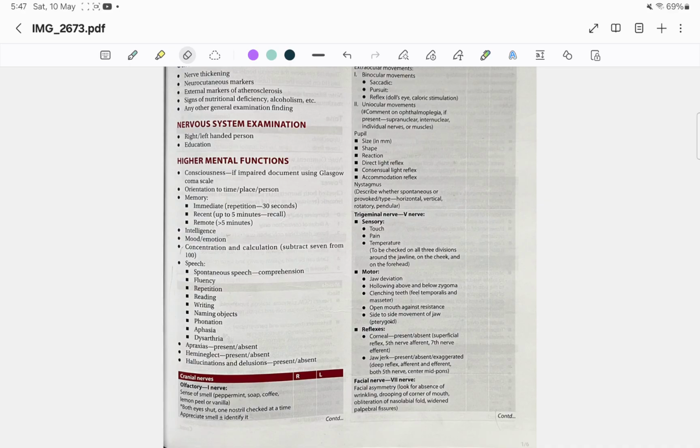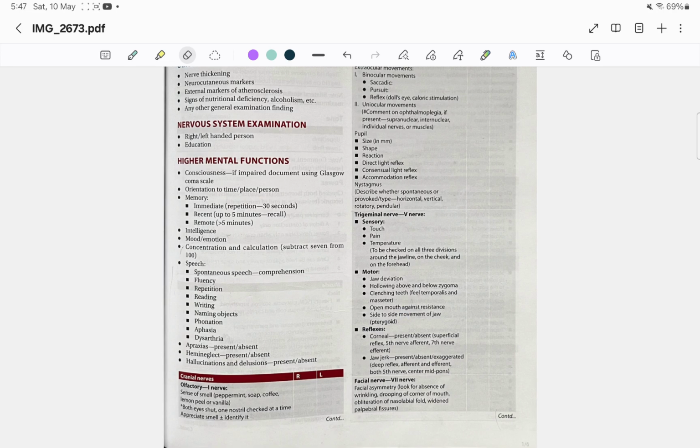Then we have the nervous system examination. First you have to understand whether the person is right-handed or left-handed. Then we have to assess the education quality, because depending on education you have to assess higher mental function, as you cannot ask complex questions of uneducated people. Your questions will be different.